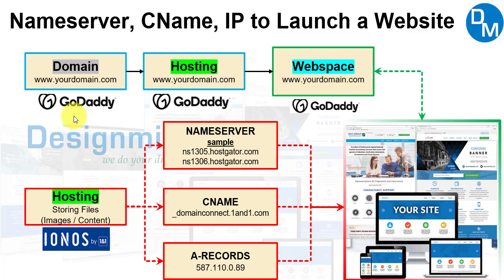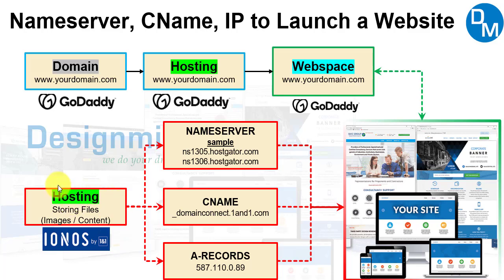To point your domain to the different vendor's web space, there are three options which you can use. One is name server, CNAME, and A records. Using the name server, all you have to do is take your name server. This is an example name server, this is sample CNAME data, and this is sample A records.